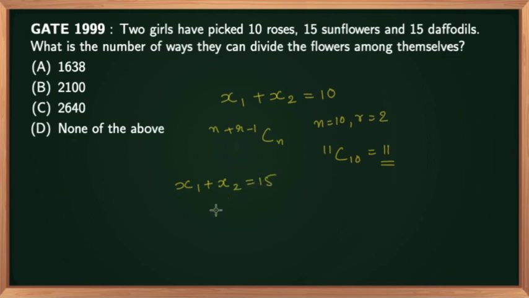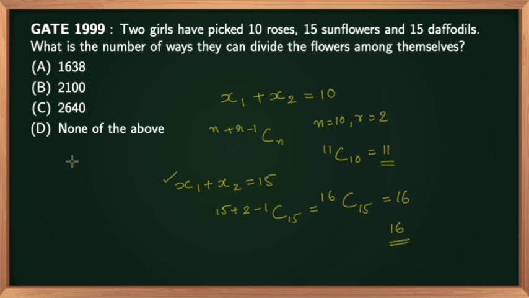So 15 plus 2 minus 1 C 15, which is equal to 16 C 15, which is equal to 16. Now the last 15 daffodils I can divide using the same principle, H1 plus H2 equal to 15. So that will also give the answer 16.